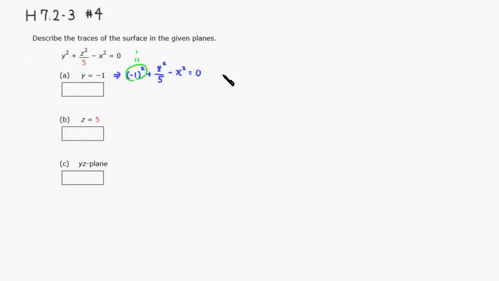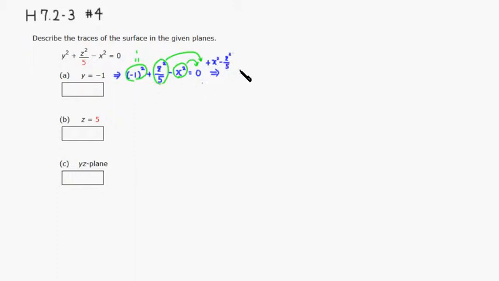This might make a little bit more sense if I add x squared to both sides so that we can move it to the other side, and subtract z squared over 5.